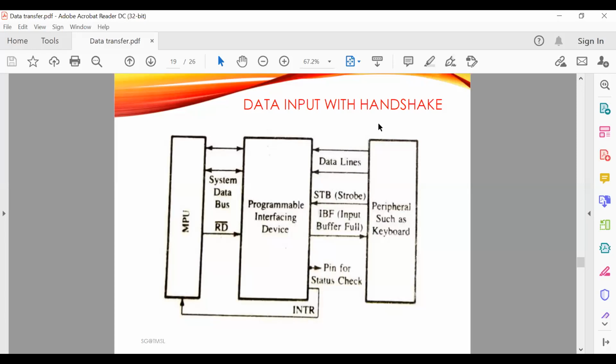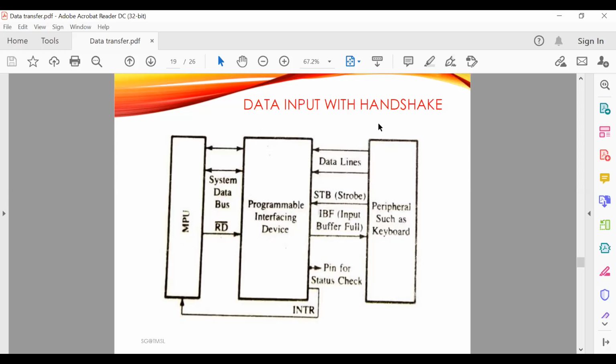So these handshake signals are basically used to transfer data with the help of programmable devices. Why are they needed?